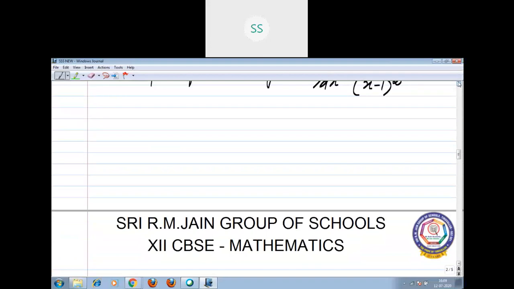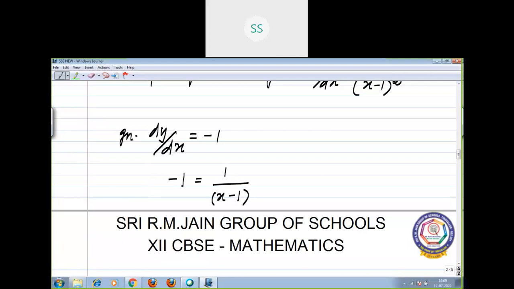Slope of the tangent is minus 1. So you are going to equate minus 1 equal to minus 1 divided by x minus 1 the whole square.